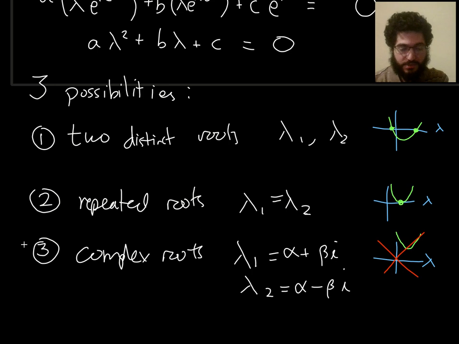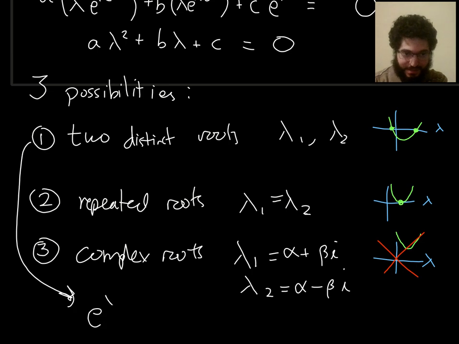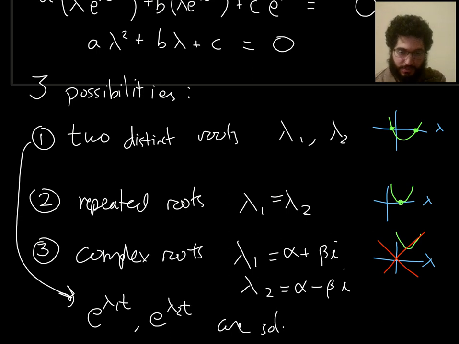So this tells you, once you learn how to analyze each of the possibilities, so for example, possibility 1, that's a pretty straightforward one. In possibility 1, e to the lambda 1 t and e to the lambda 2 t are solutions. So you would have found two solutions.